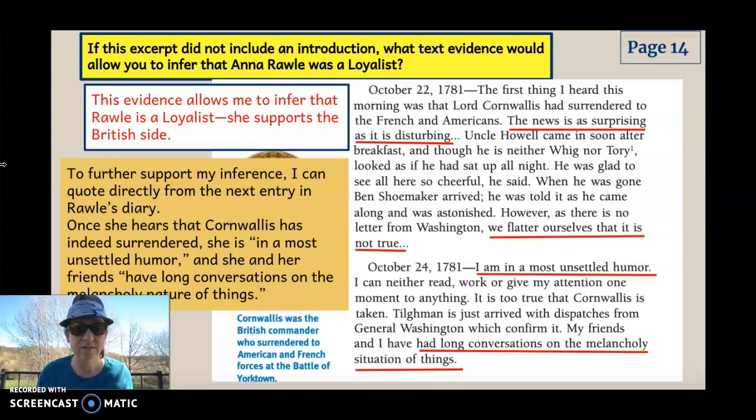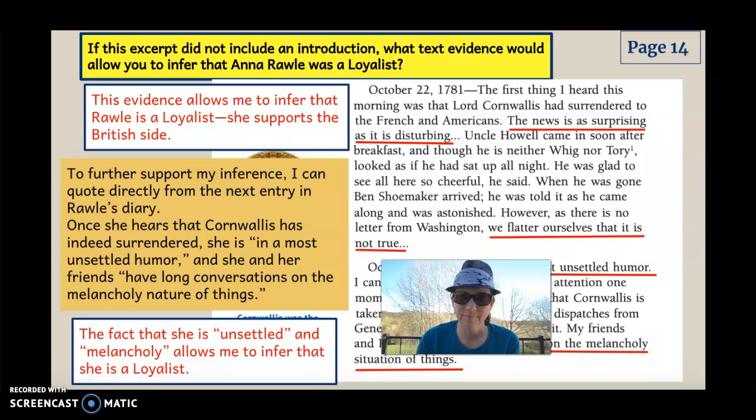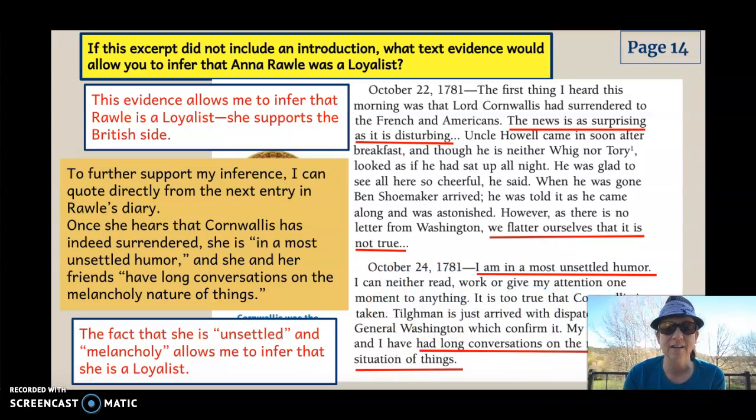Once she hears that Cornwallis has indeed surrendered, she is in a most unsettled humor, and she and her friends have long conversations on the melancholy nature of things. Remember, the melancholy nature of things means the sad nature of things. The fact that she is unsettled and melancholy also allows me to infer that she is a loyalist.